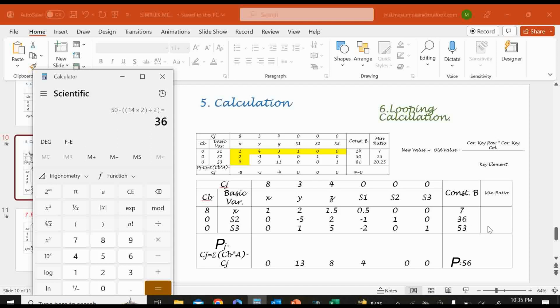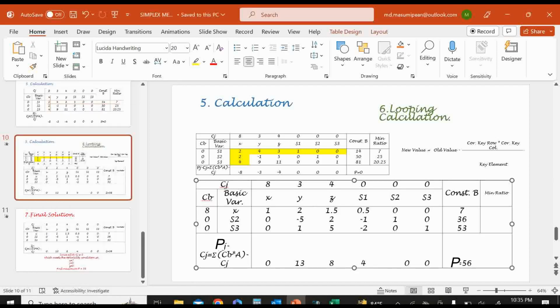I think you understand the calculation, and the same method we determine our PJ and CJ. Our PJ and CJ, sorry for the typing mistake, and we multiplied 0 with 8 with 1, 0 with 0, 0 with 0, sum this one and subtract it, minus 8 equal to 0.